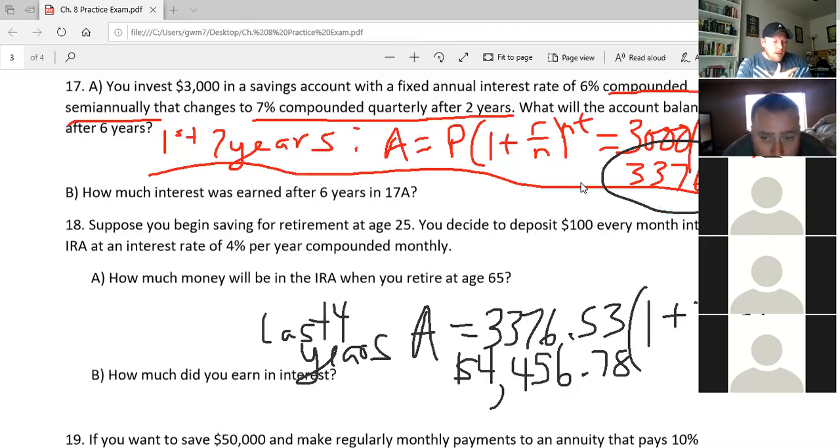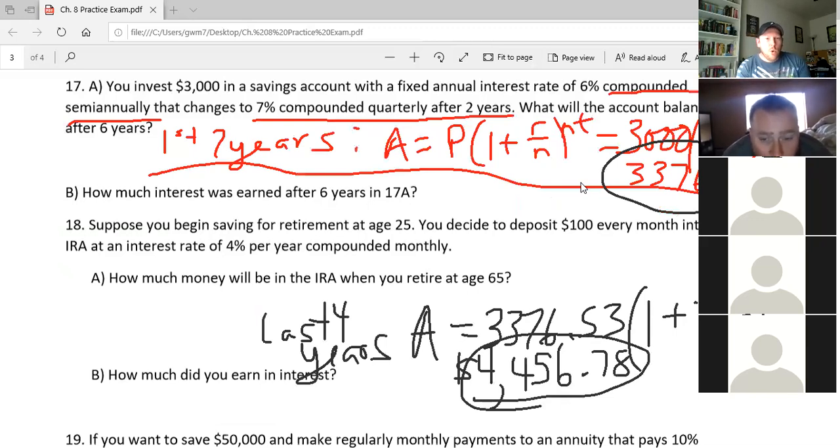So B then says how much interest was earned after 6 years. So I didn't make it a separate formula. The interest is, I put $3,000 to start, and then I did nothing else to the account. So everything else that is in there to make up that 4,456.78 is interest.